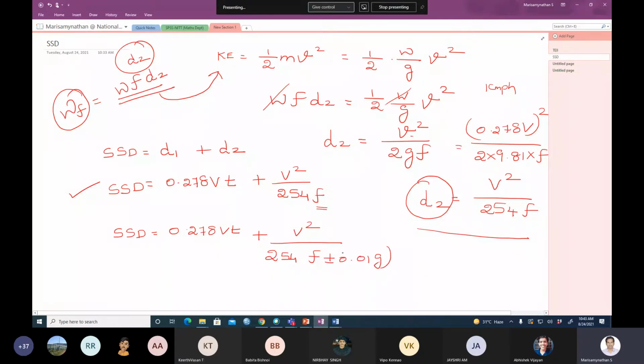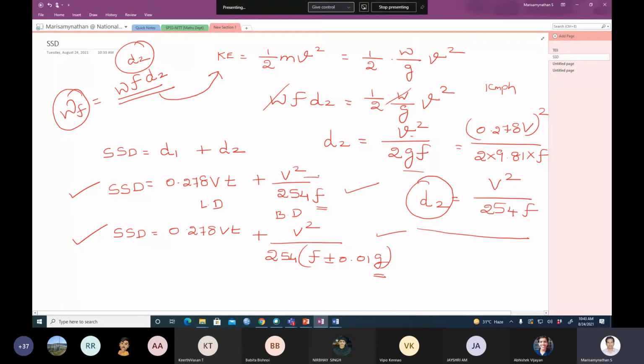I'm putting g for gradient. Don't confuse the gravity value with the gradient value. This is also g, I'm just denoting it. So this is the final equation for the stopping sight distance with respect to the lag distance and the braking distance, in a plain terrain, in a rolling terrain, or when the gradient is given.